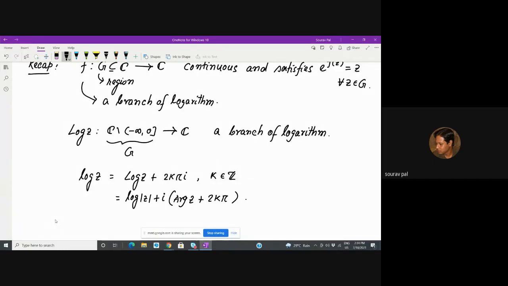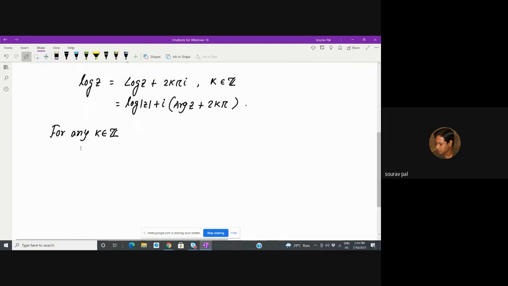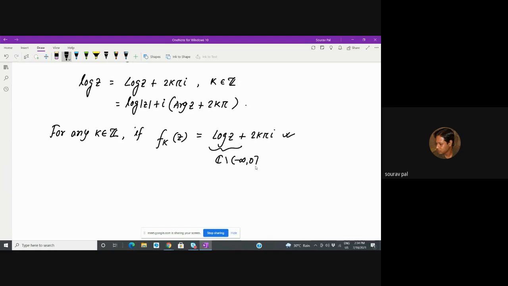Now the point is that for any k, what can you say about this function if you call it f_k of z equal to, say, log z plus 2k pi i? We have seen that this portion is well defined on C minus the negative half of the x-axis, and this is just a constant.